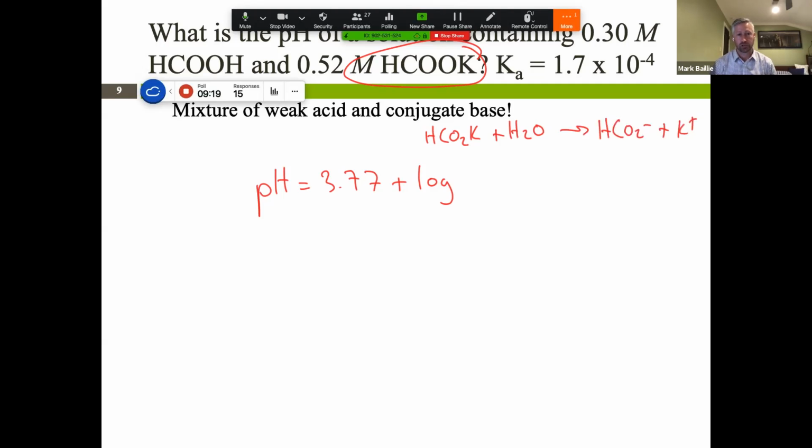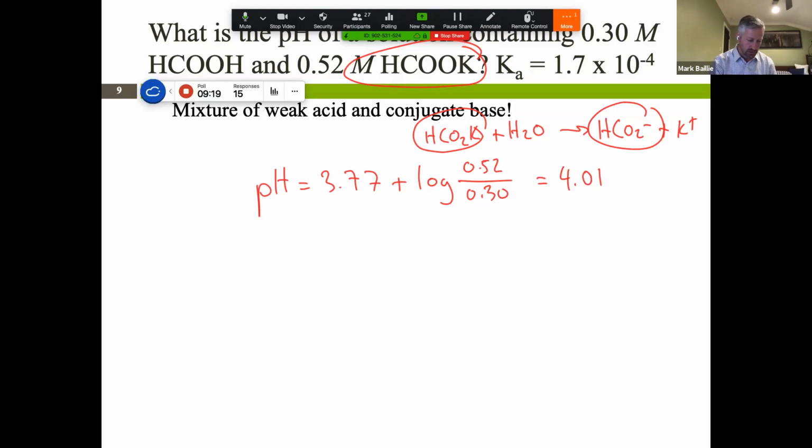And it's a 1-to-1 ratio. It is completely soluble, so everything that starts here ends up as our conjugate base. So we're going to do plus log the concentration 0.52 over 0.30. And when we do that, we end up getting the pH, which is 3.77 plus log 0.52 over 0.3, which ends up giving me 4.01 as our pH.